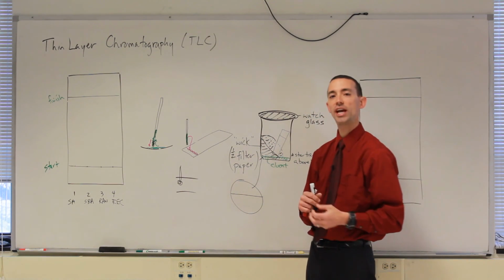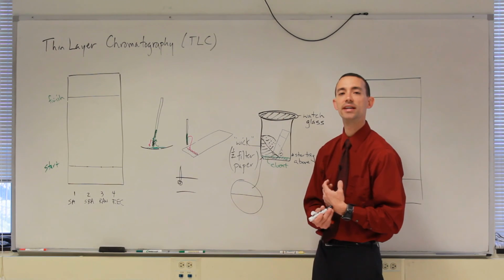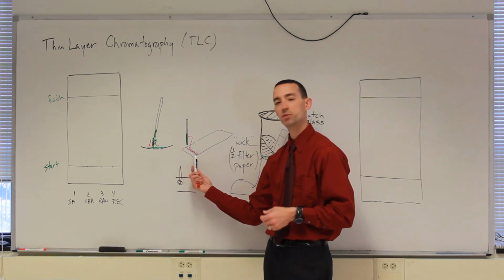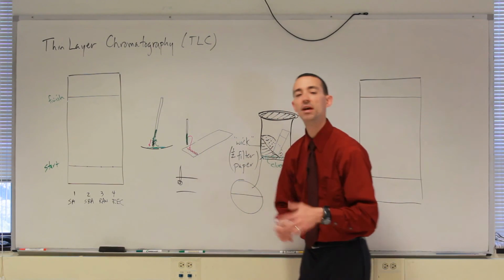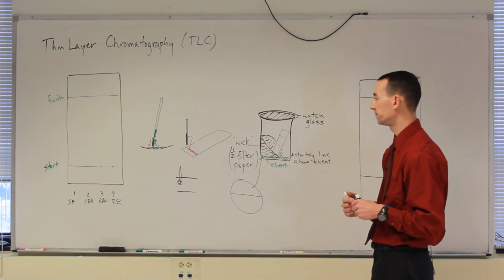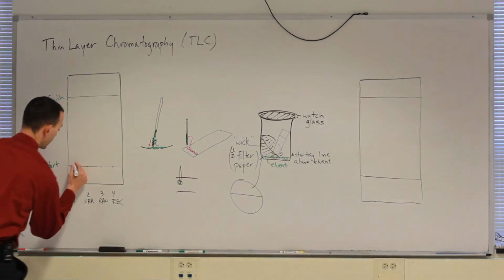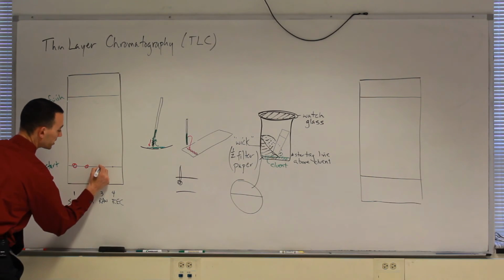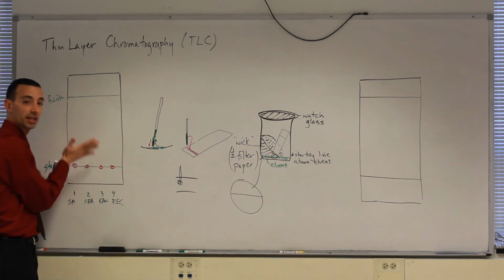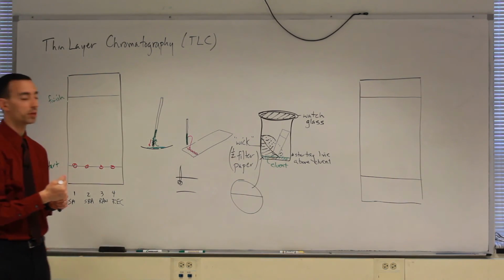They will have like a shadow, or they might glow purplish in color underneath the UV light. And so then you should be able to see your 4 spots, or if you do it one at a time, maybe you'll see each spot as you add it onto the plate. Okay? So that's how we prepare our plate so that we have our 4 distinct spots on here. And they're all starting at the same place as we're going to allow then solvent to run up the plate.